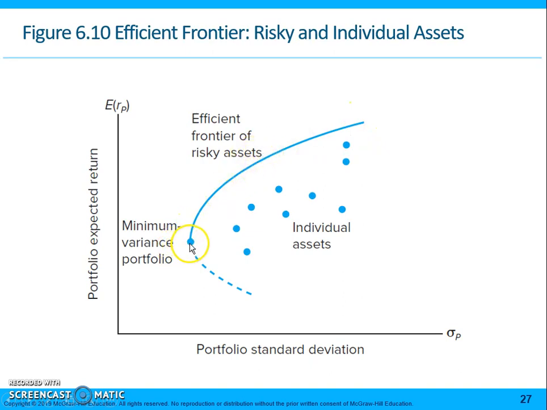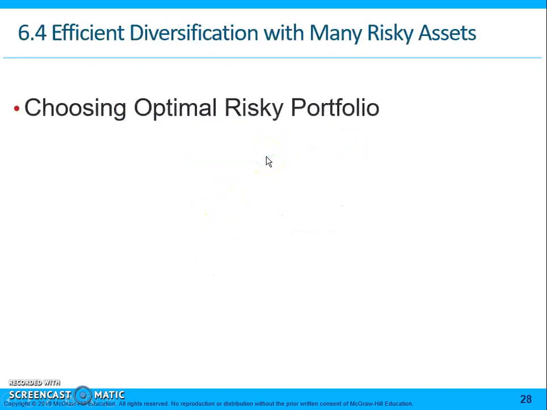Just like before, we have our minimum variance portfolio, and our optimal risky portfolio will be the point at which the capital allocation line is tangent to this curve.